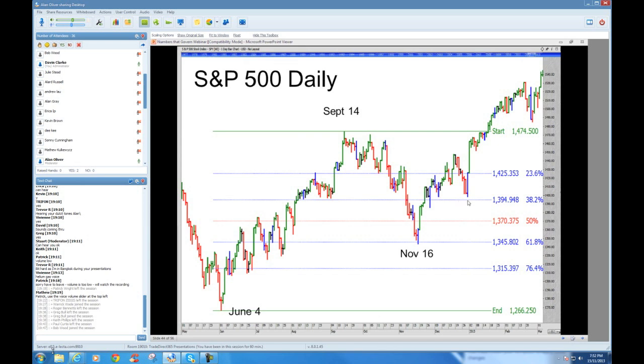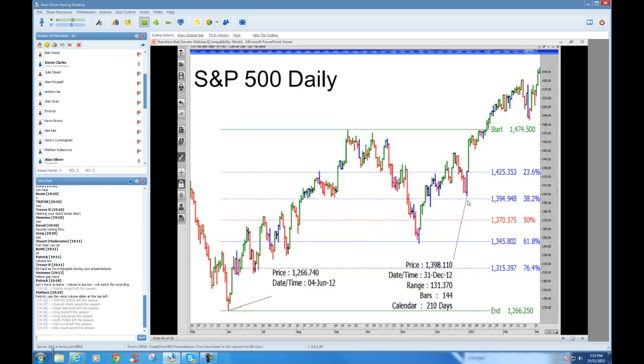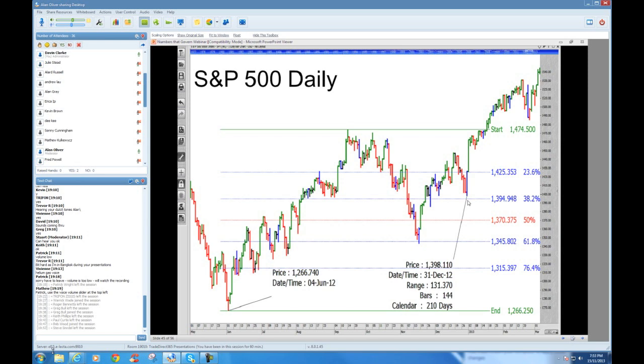And again, what we need to do is to have as much evidence as we can. But when we look at the same market, what we can see, the low in the 4th of June to the low here, the 31st of December, 144 trading days apart. Another conjunction of time and price, which means that there's a potential for this market to have a very strong reversal.